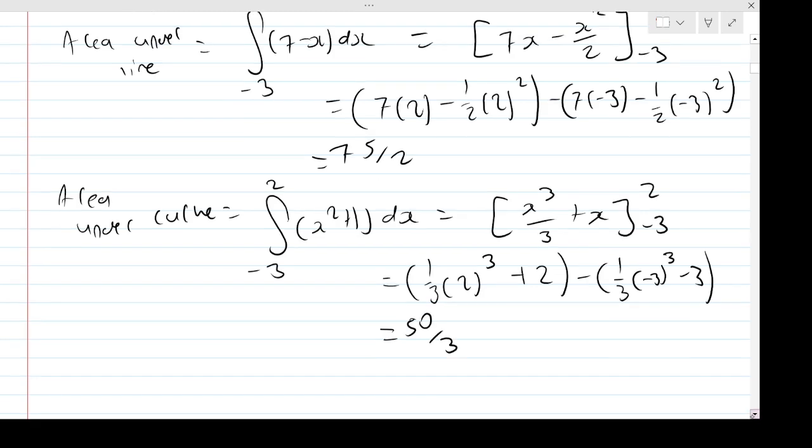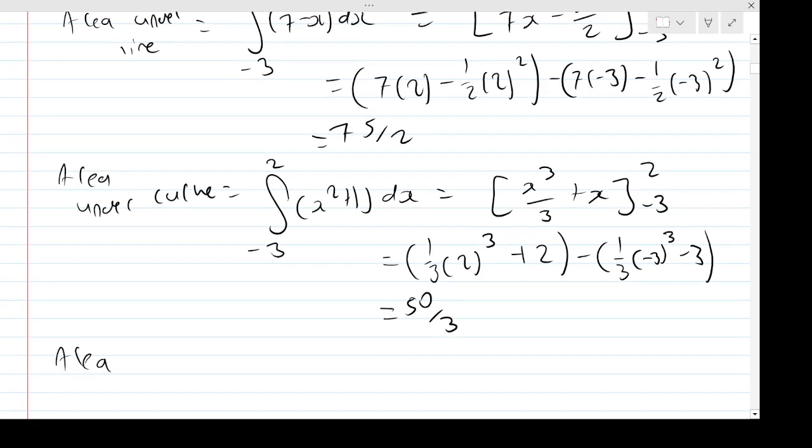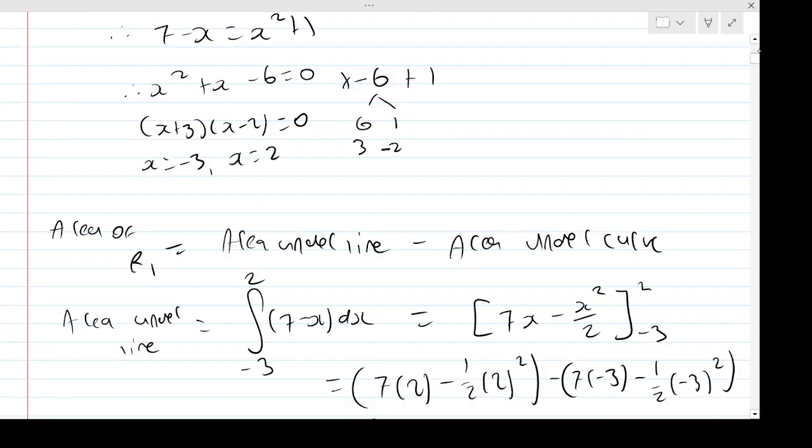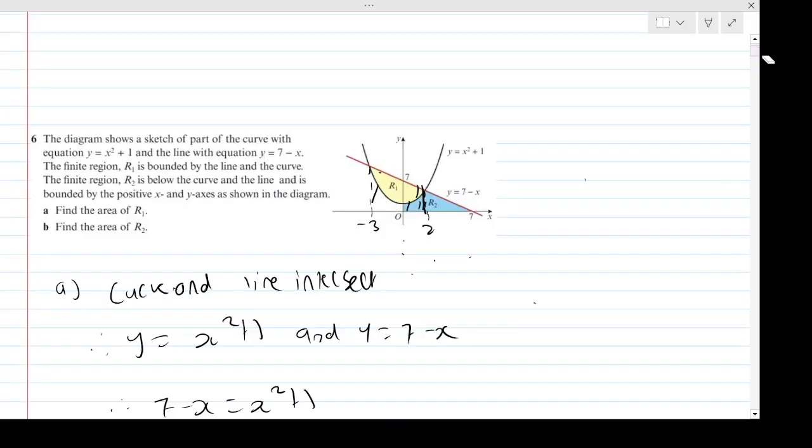Therefore, the area of the yellow region, region 1, is the area under the line, as we discussed, 75 over 2, take away 50 over 3, the area under the curve. If we work that out, we get 125 over 6, and that gives me the yellow region here, the area between the line and the curve.